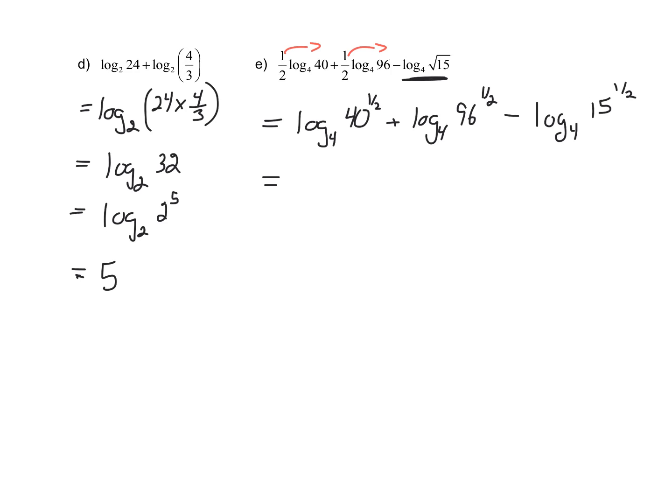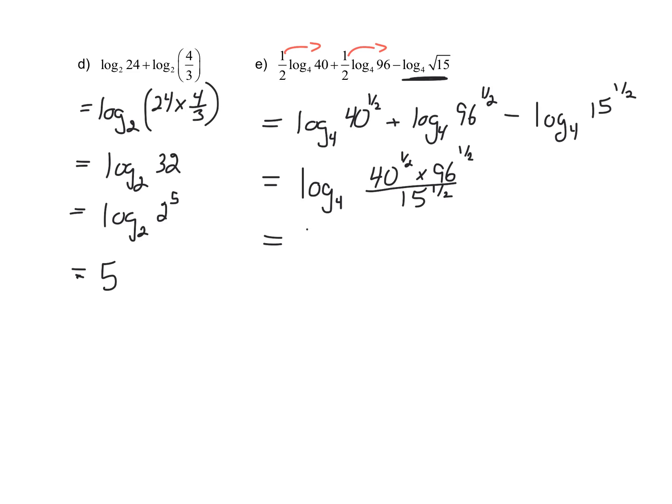So they're all bases of 4, so I can bring them together. Now, don't worry, you don't need your calculators. We're going to have 40 to the 1/2 times 96 to the 1/2 divided by 15 to the 1/2, as we add and subtract accordingly, bringing it into our power law and quotient law of logarithms.